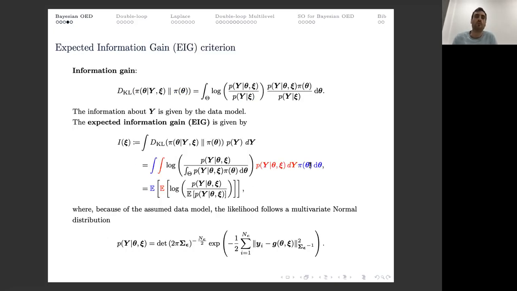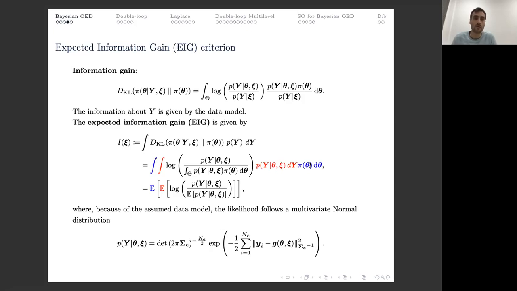Of course, we can compute this DKL for many different outcomes, say i, and we can integrate this DKL over the whole space of Y. And that is what we call the expected information gain, denoted by I. This I depends only on the design xi.